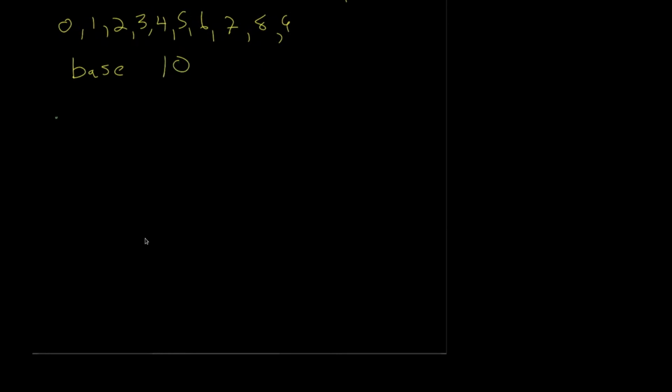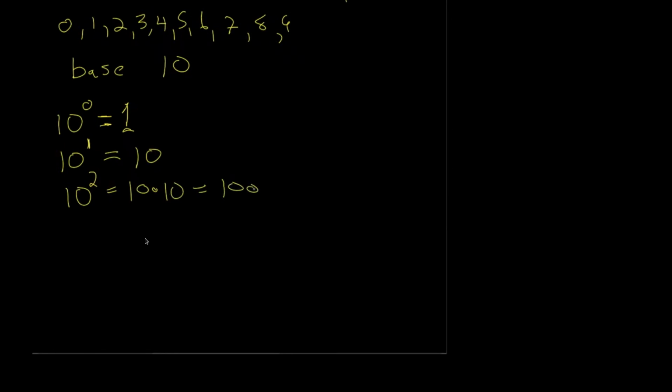So the ones place is 10 to the 0, because anything to the 0 power is 1. The tens place is 10 to the first, because that's 10 times 1 time, which is 10. The hundreds place is 10 squared, because that's 10 times 10, which is 100.